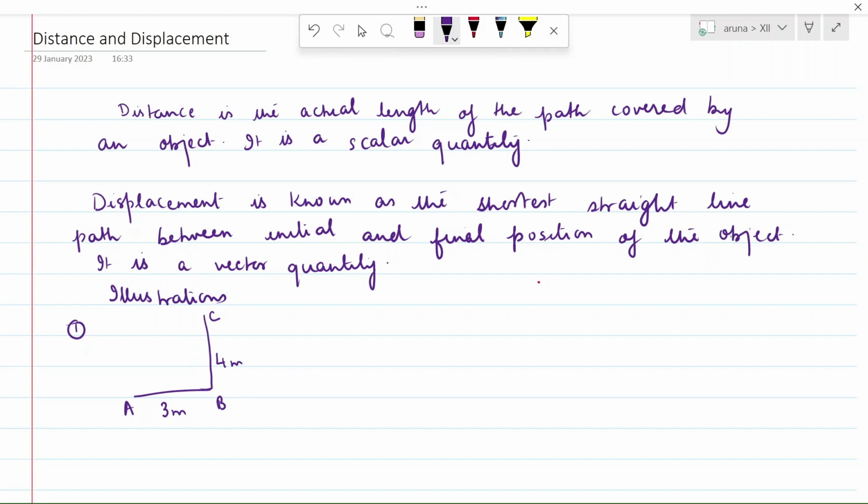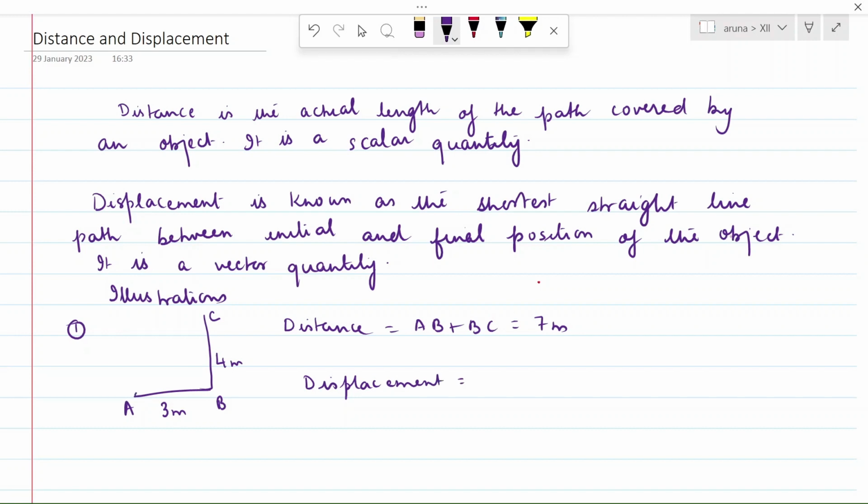So the distance that the object covers is AB plus BC, which is equal to 7 meters. But the displacement, as we just understood, is between the initial and final position.